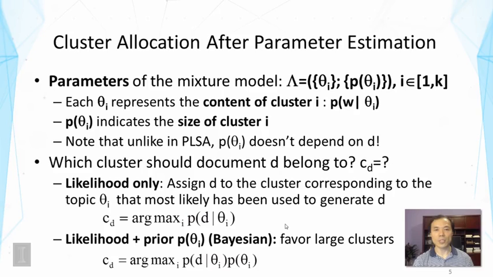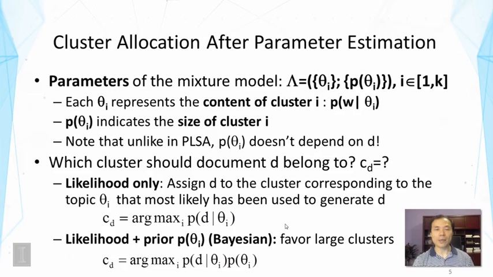In other words, we'll see which distribution has content that matches our D the best. Intuitively, that makes sense. However, this approach does not consider the size of clusters, which is also available to us.